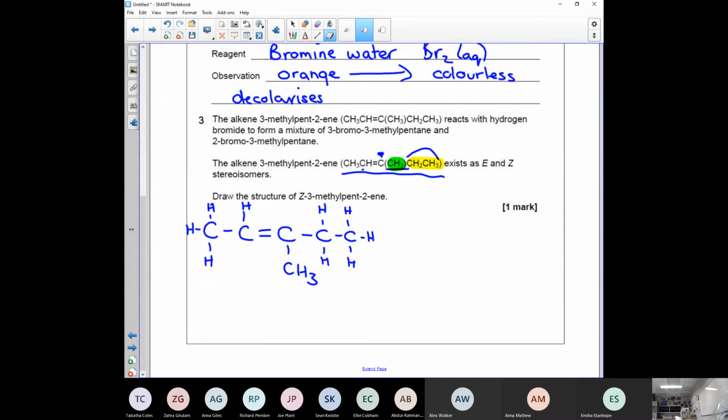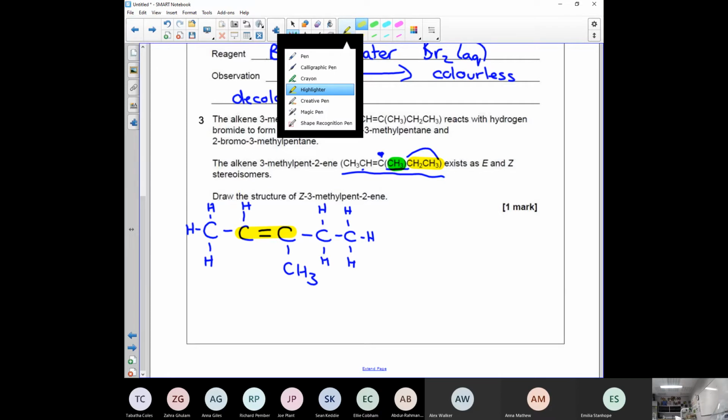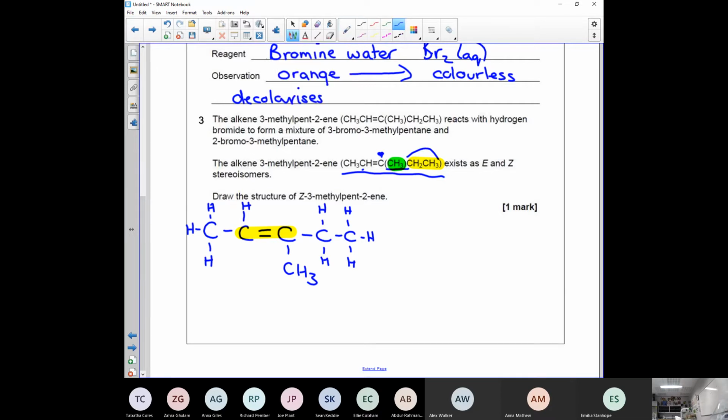So I've got my carbon-carbon double bond here. I can draw that out in the middle, C double bond C. On the carbon on this side, it's attached to a hydrogen and a CH3 group.